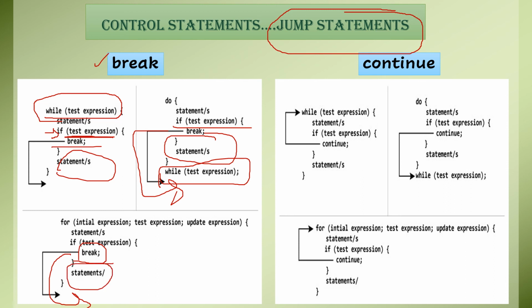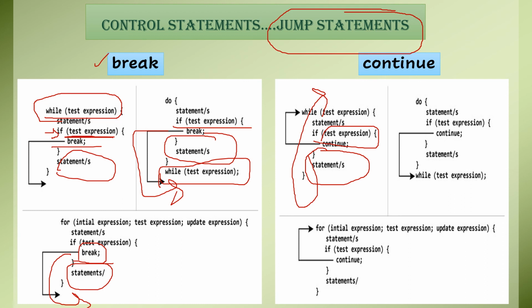And in case of continue, this is just the opposite of the break statement. In continue, if that test expression is true, then it will skip the statements after that, and rather it will go to the next iteration.